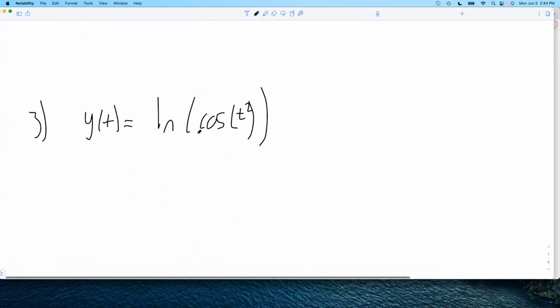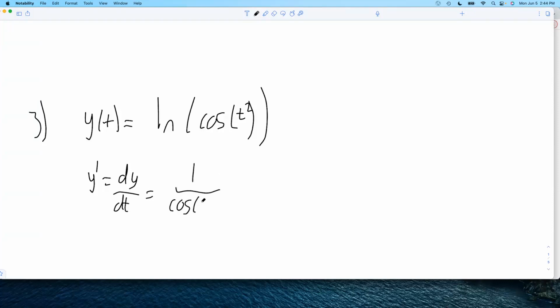Okay, I've got y of t is log of cosine of t squared. Then his derivative, which we might also call dy dt. Derivative of natural log of anything is 1 over that thing times the derivative of what's inside. Derivative of cosine of anything is negative sine of that same thing times the derivative of what's inside.